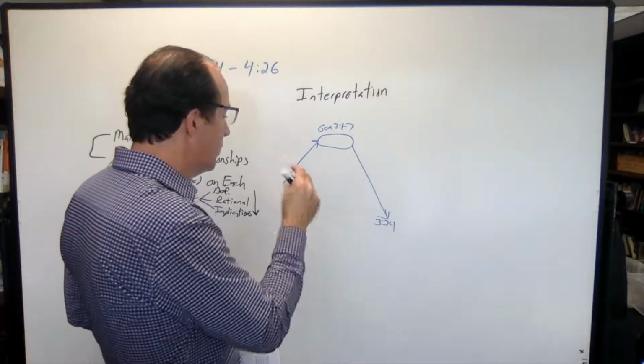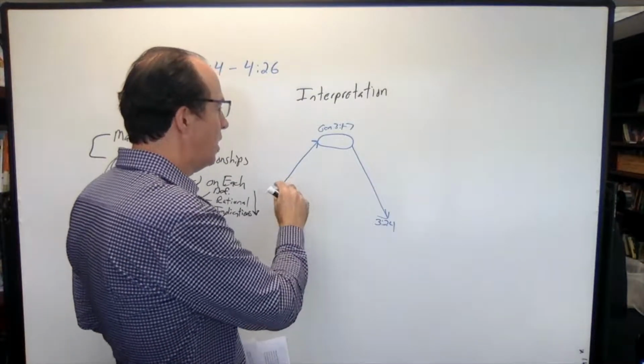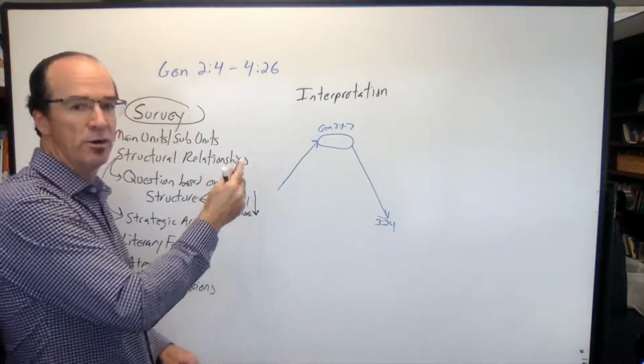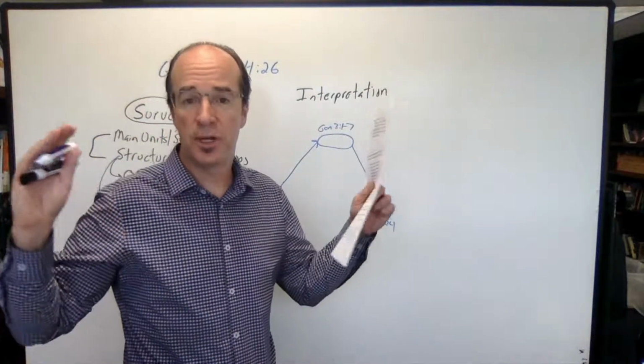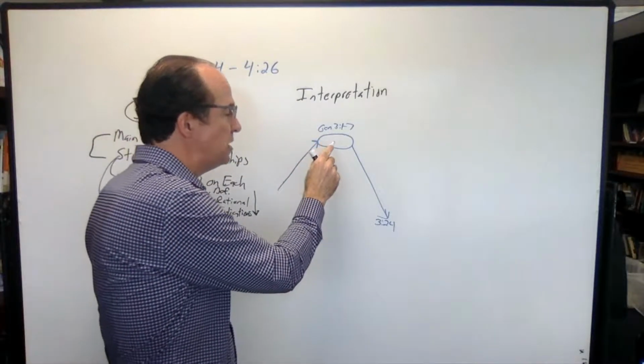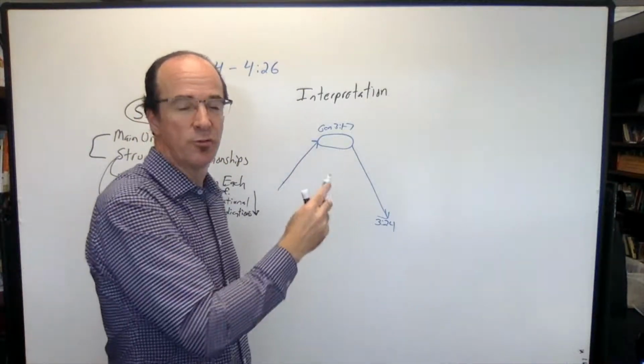And so one of the ways to do the interpretation is to work off of this cruciality, and then what would be the strategic area for cruciality. And so once you picked your big structure, what you want to begin with is the strategic area for that structure.